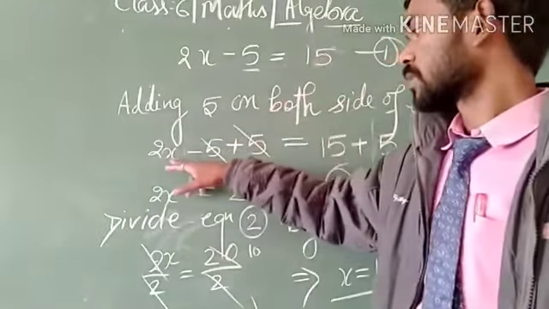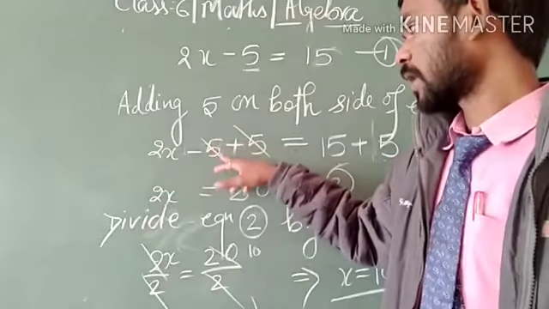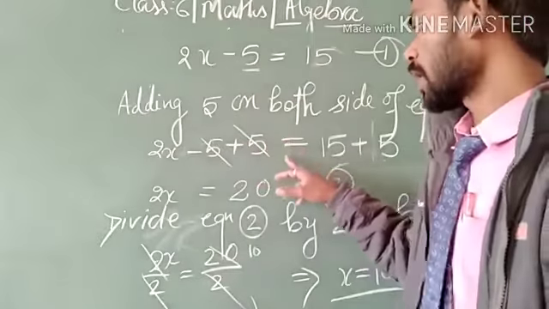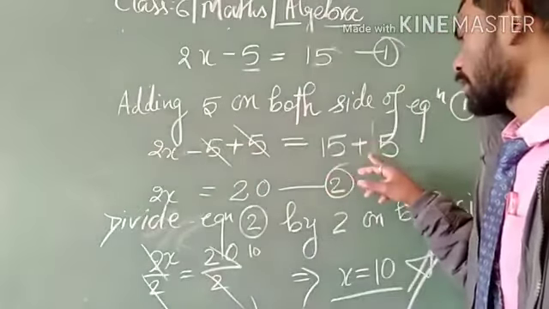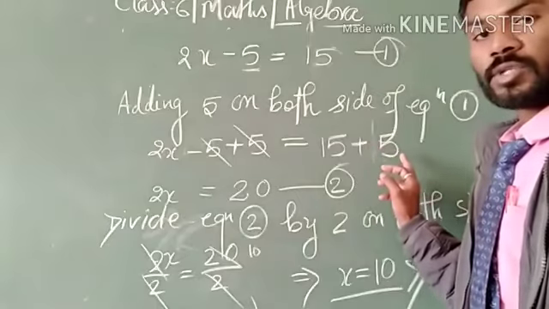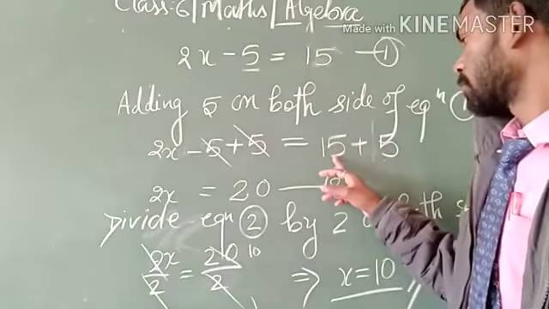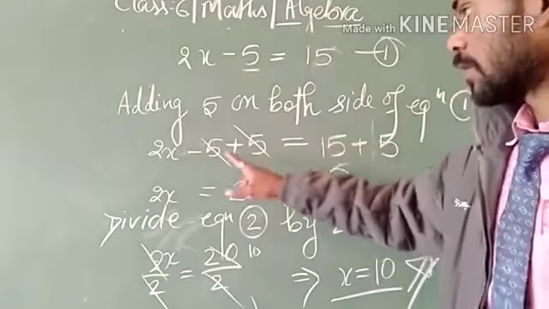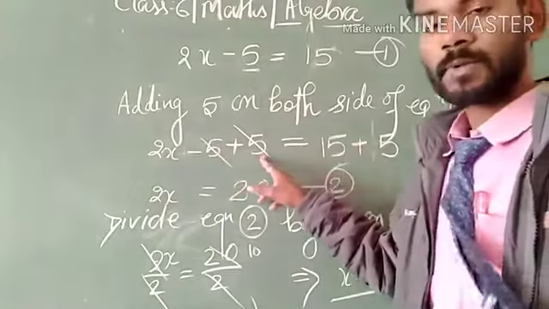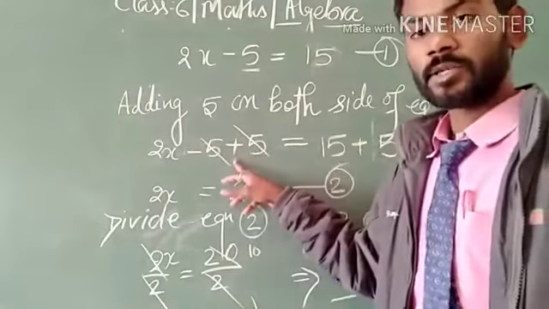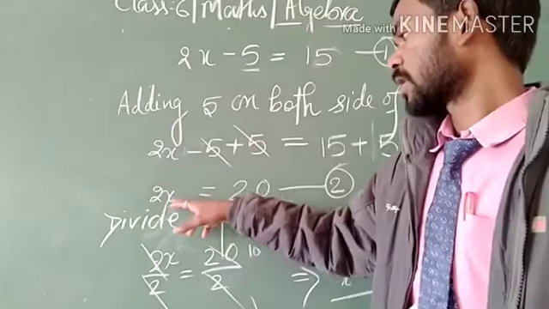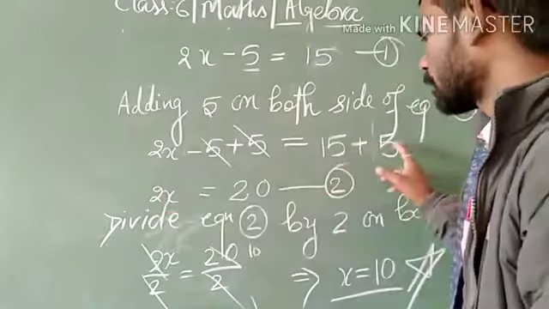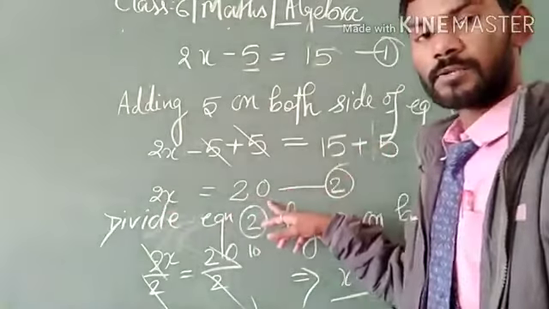We get 2x minus 5 plus 5, and we have also operated the same number on the right side and we get 15 plus 5. Here minus 5 and plus 5 get together 0, and hence we get 2x is equal to 15 plus 5, which is 20.